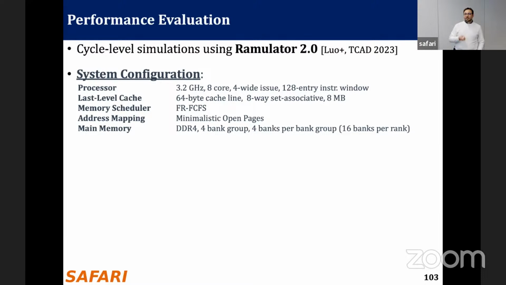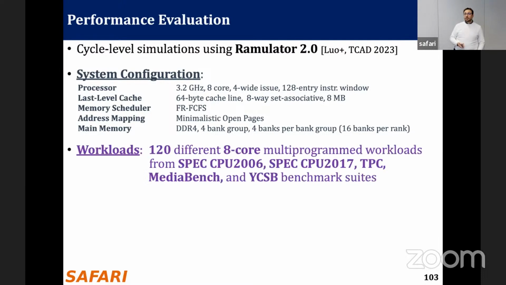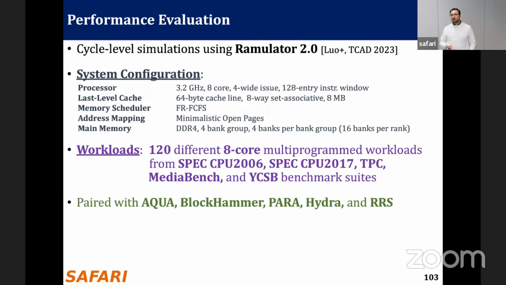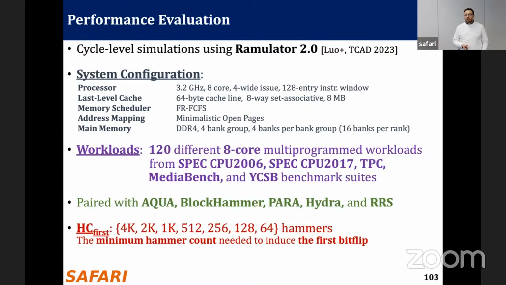And we simulate this system, and we have 120 different 8-core multi-program workloads from different benchmark suites. We randomly compose them, and we pair Svärd with Aqua, BlockHammer, Para, HiRA, and RRS. And we sweep the HC first values from 4,000 down to 64.